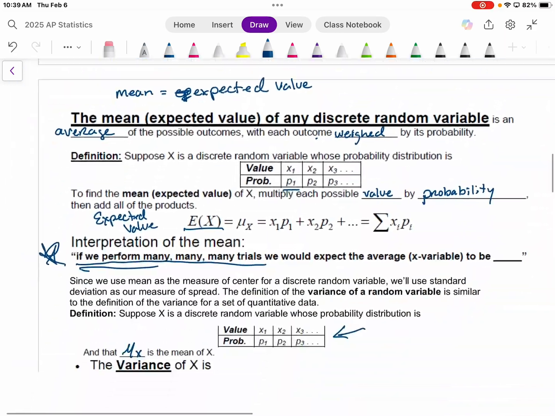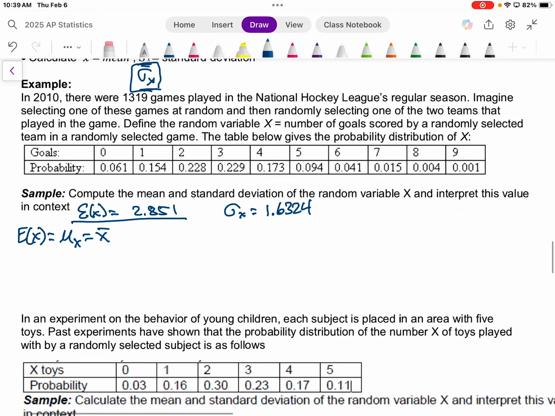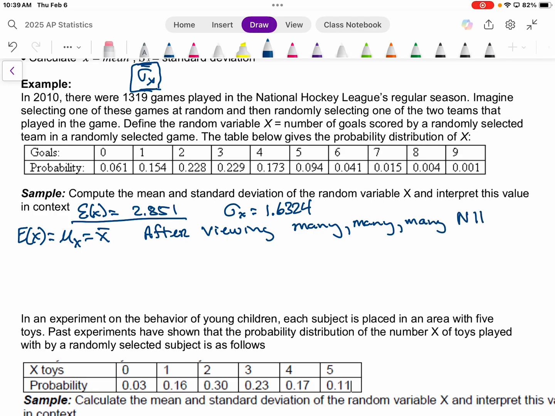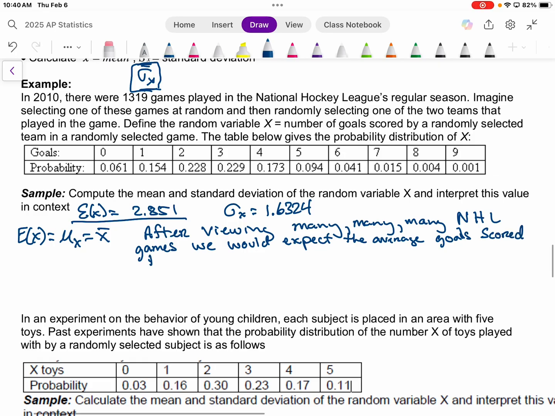Now I get to interpret and write the sentences, trying to use my script. Here is what I have written as an example. After viewing many NHL games, we would expect the average goals scored to be about 2.851.